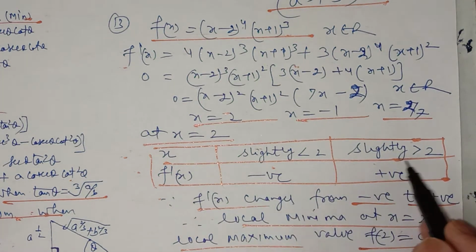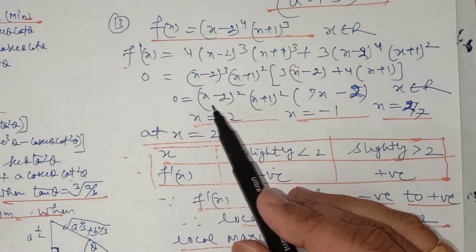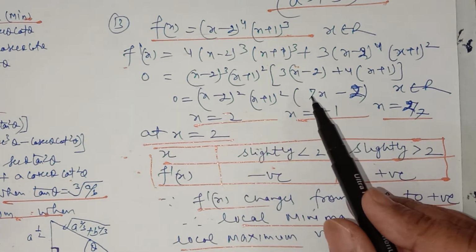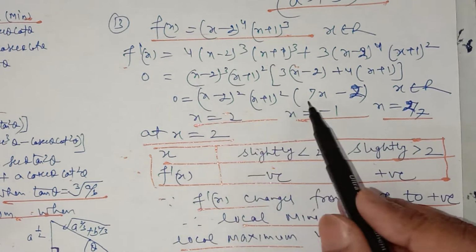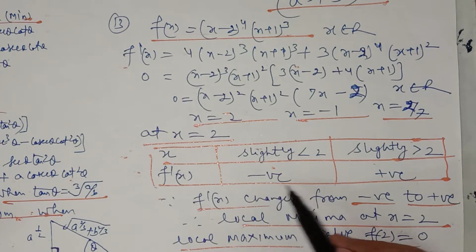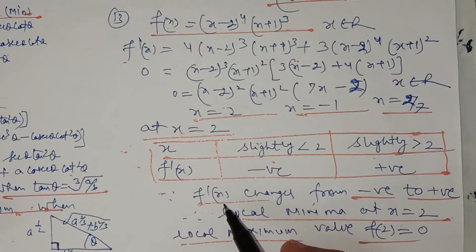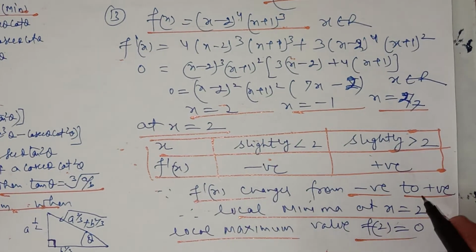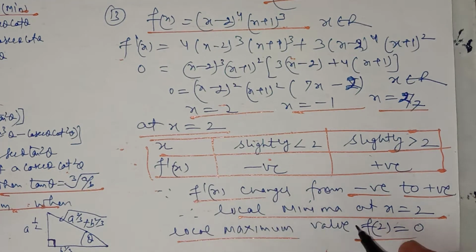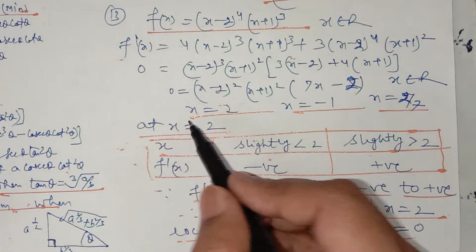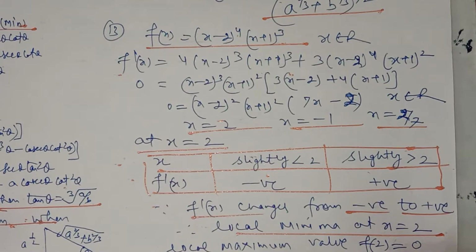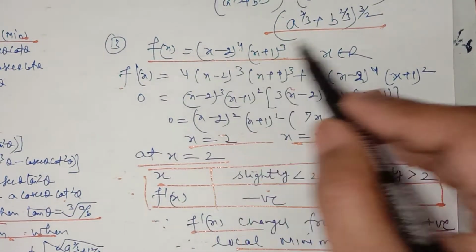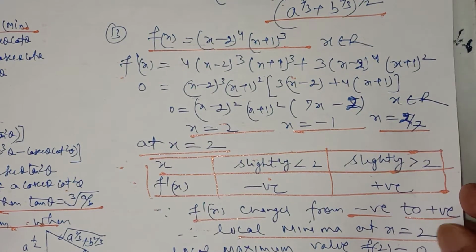When we take the value of x slightly more than 2, all of these will be positive, so the first derivative changes from negative to positive. When the first derivative changes from negative to positive, we have a local minimum at the given point x equal to 2. The local minimum value will be f(2), by putting x as 2 in the original function, which is coming out to be 0.